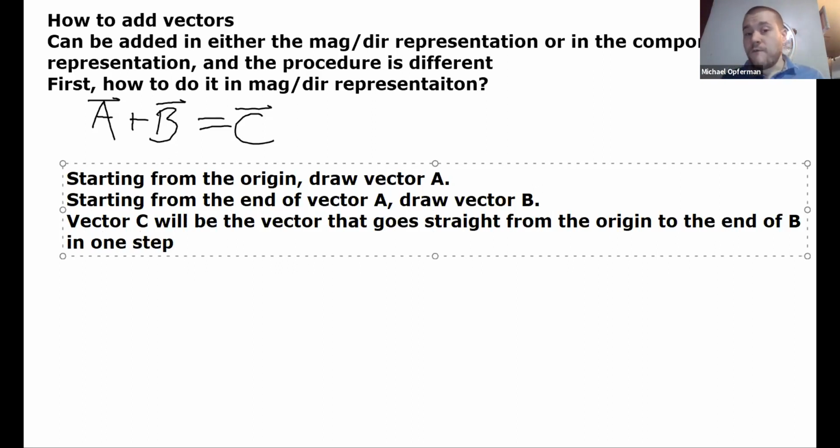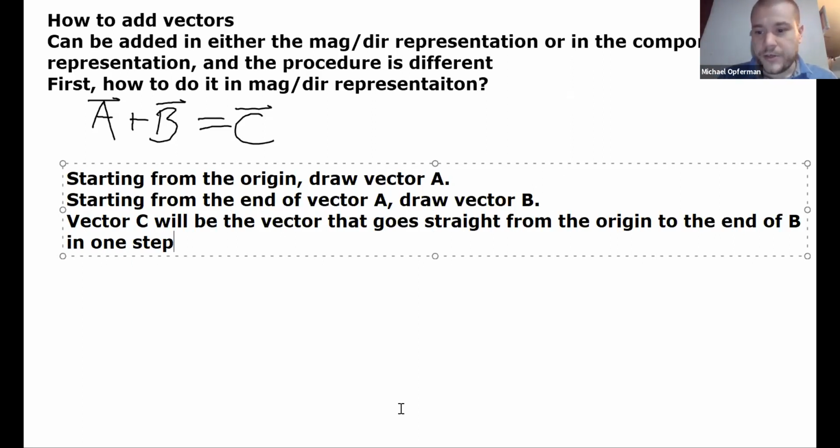So in other words, vector A, vector B, and vector C will form a triangle. With vector A, then B, and C will be the third side that gets you directly from the origin to the end of B. This might sound a little bit abstract. Let me show it to you.